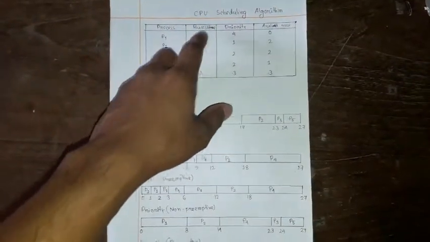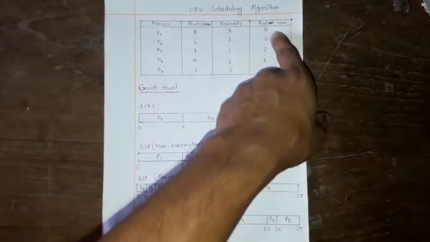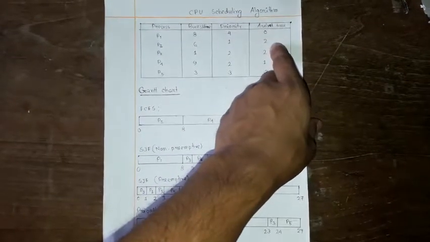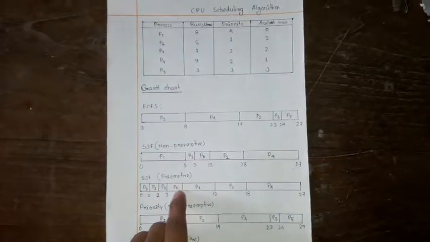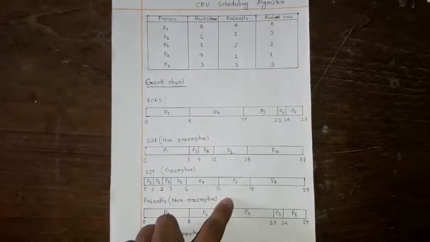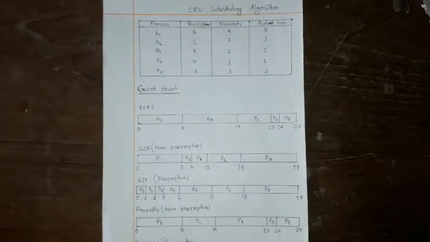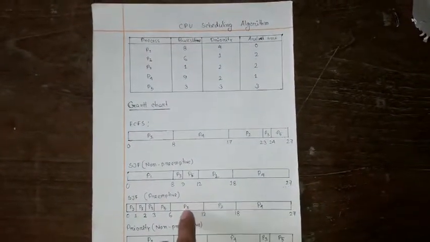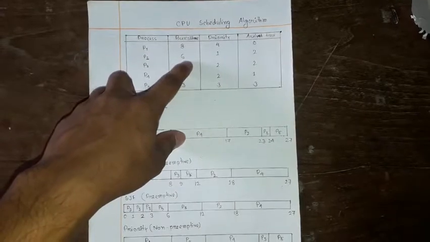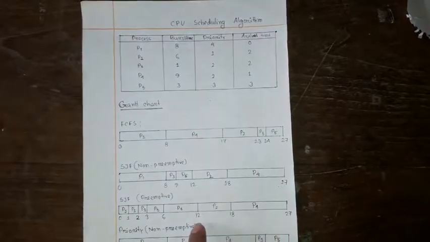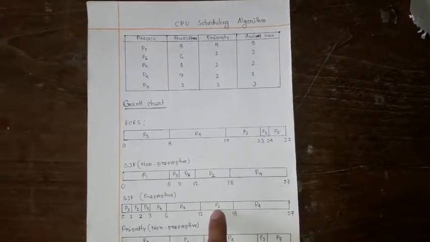After P5, as I said earlier, P1 and P2 have equal burst time and P1 arrived earlier than P2, so we'll assign process P1 after P5. 6 to 12, burst time is 6 remaining. Now after process P1 has completed, process P2 has the smallest burst time 6, so we'll assign 12 to 18 time interval to process P2.